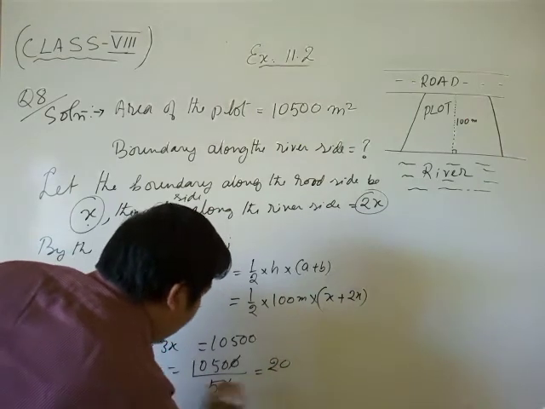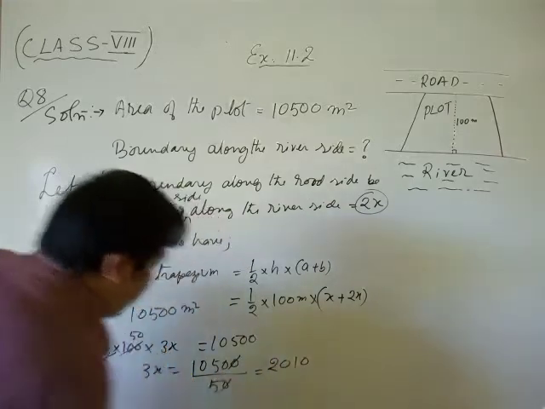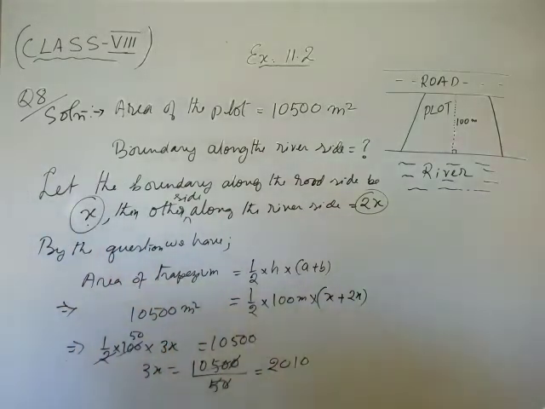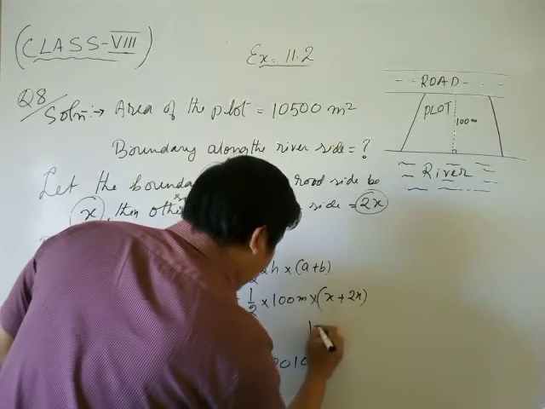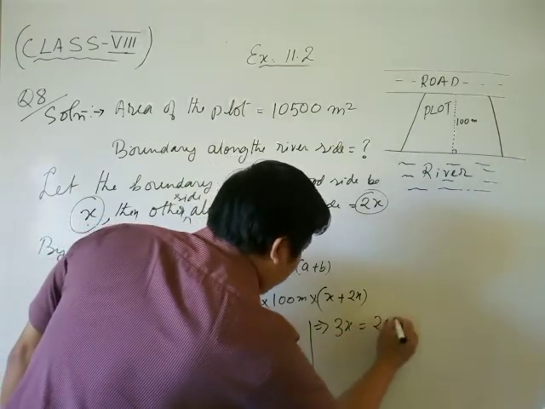So to here, one more 0 will be here, then 1, 0. So you get here like this, and you cancel this. So 2010 you are getting here. Next implies that 3x is equal to 2010.